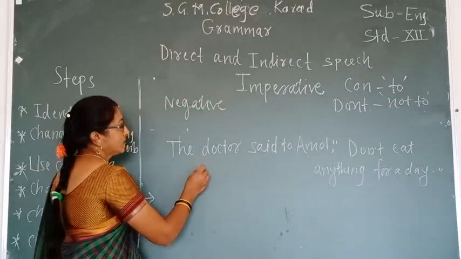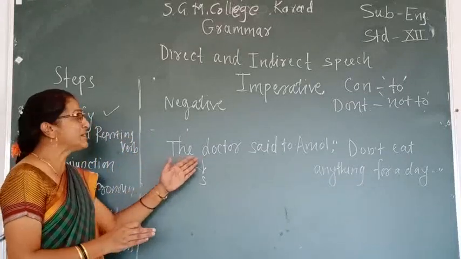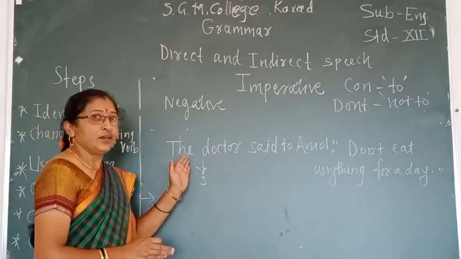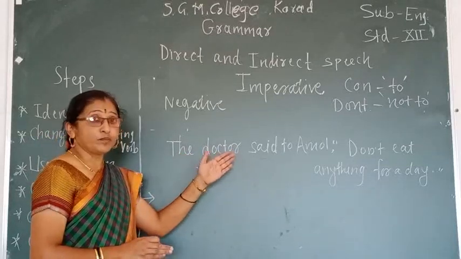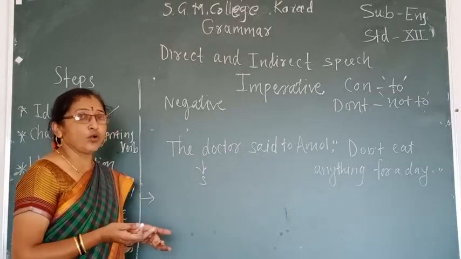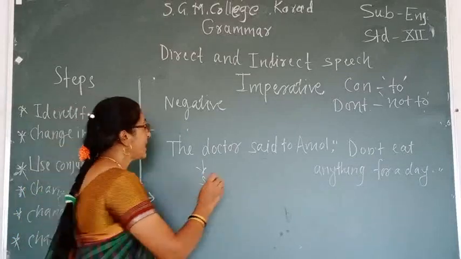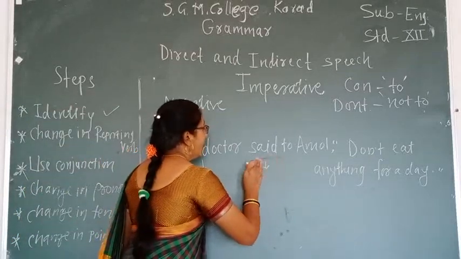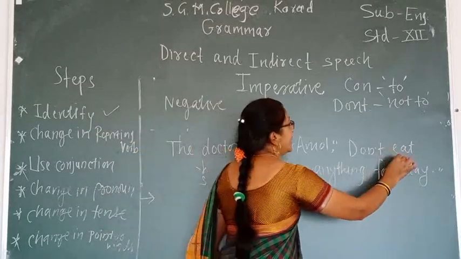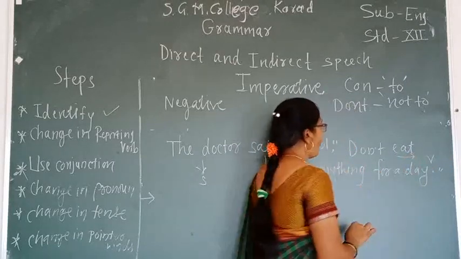The doctor is the subject. Our first step is to identify which is the subject, then first person or second person pronoun, then tense. So we can convert the sentence into indirect speech. Said to is the reporting verb, and eat is the verb.